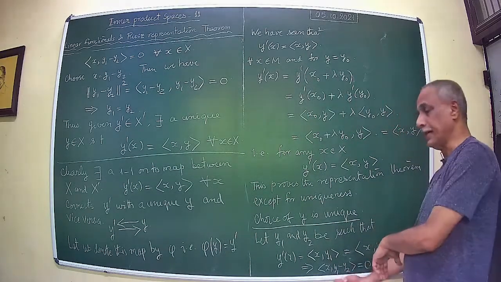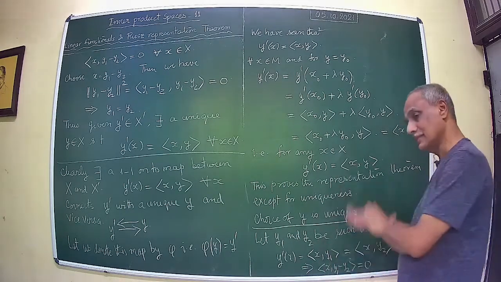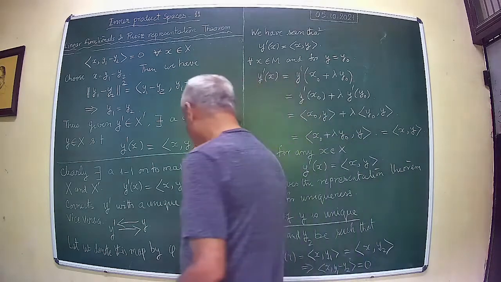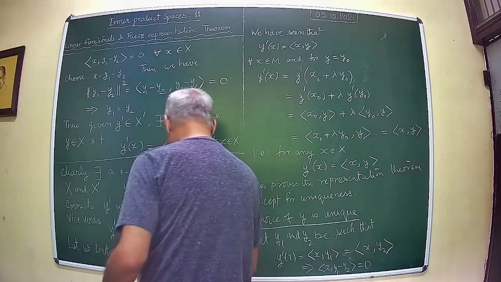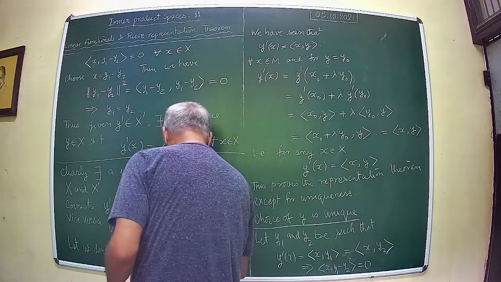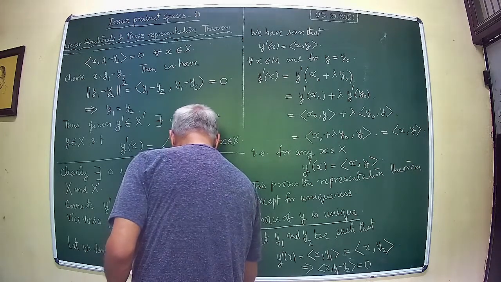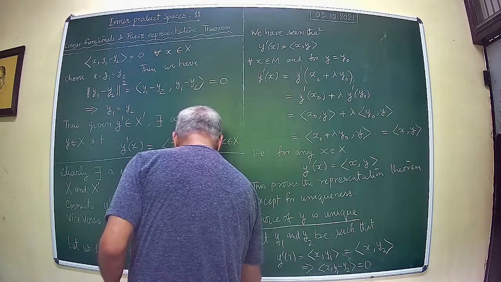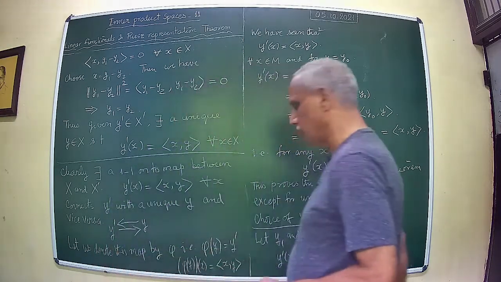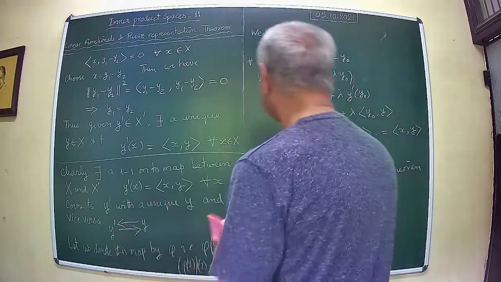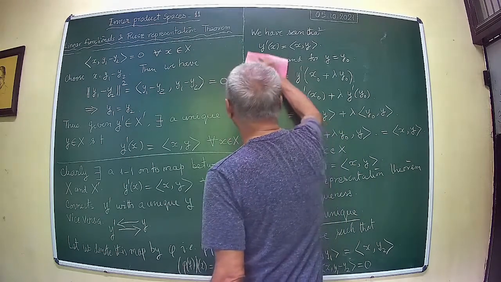For any y prime, there is a y in x. For any y, there is a corresponding y prime, where of course this is how it is defined. This is the connection. So that's how phi is defined. Okay. What we have seen is that this is a one-to-one onto map.